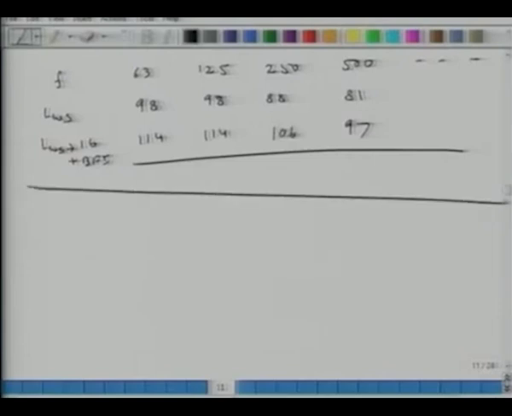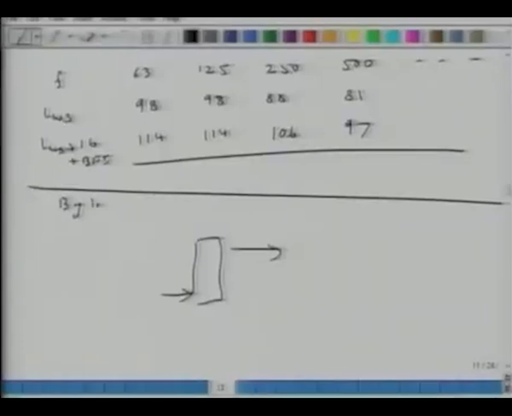Now you may also encounter a question: you have a fan, it has an inlet and an outlet, and you may wonder how much is contributed by inlet and how much by outlet. So you just split it half and half. When I do half of it, what does this number become?